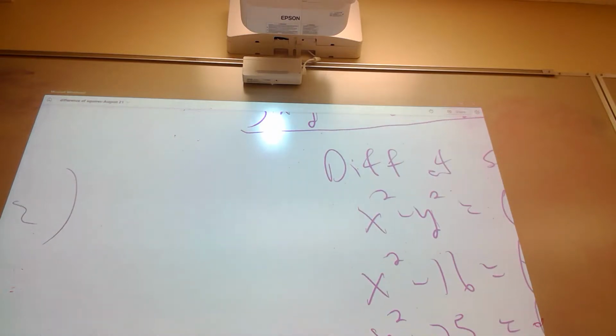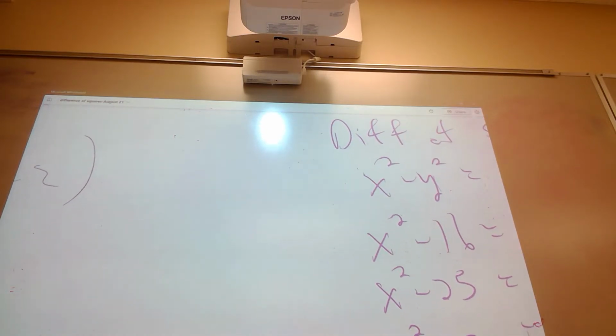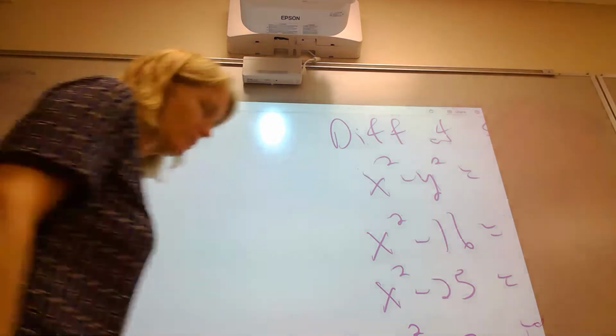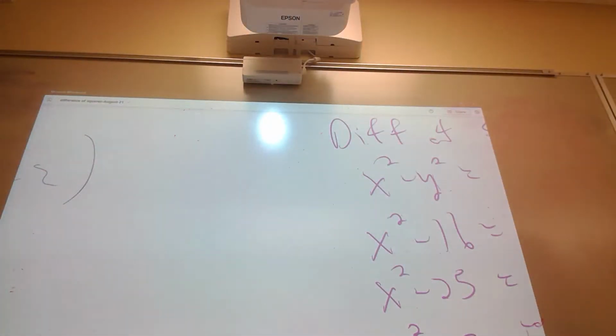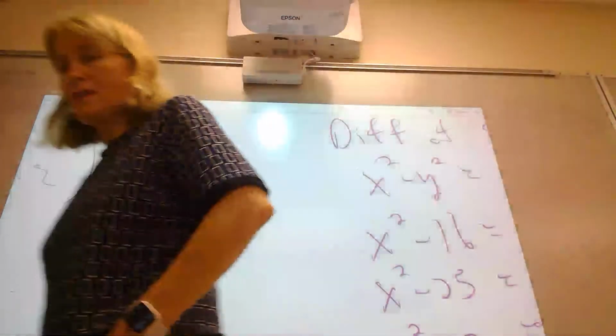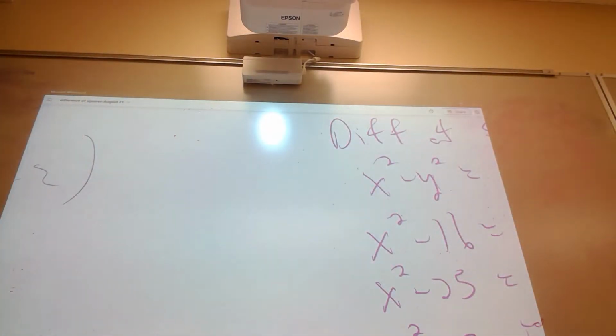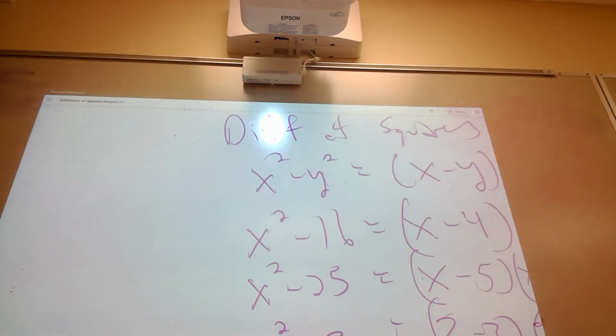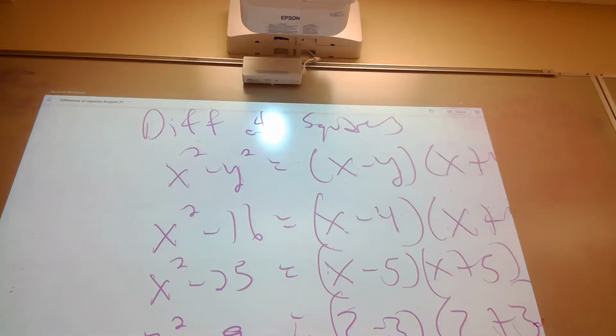Okay, so let's see you do this one. Z squared minus 9, that's a simple one. You take the square root of z, you take the square root of 9, and you plug it into the equation. Okay, so we have z minus 3 times z plus 3.